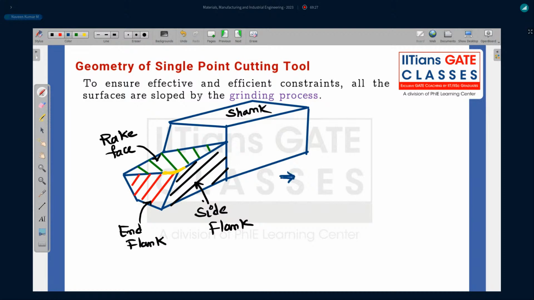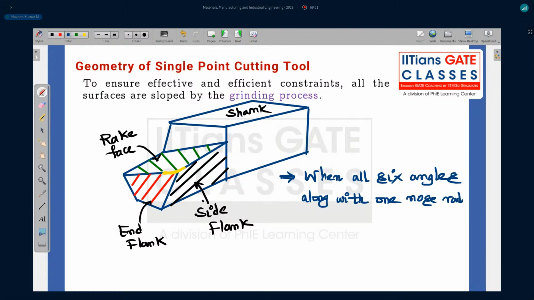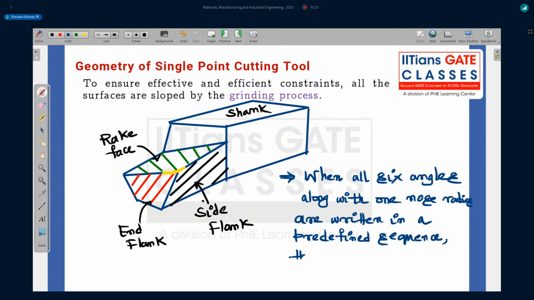When all 6 angles along with 1 nose radius are written in a predefined sequence, then it is called as tool signature.